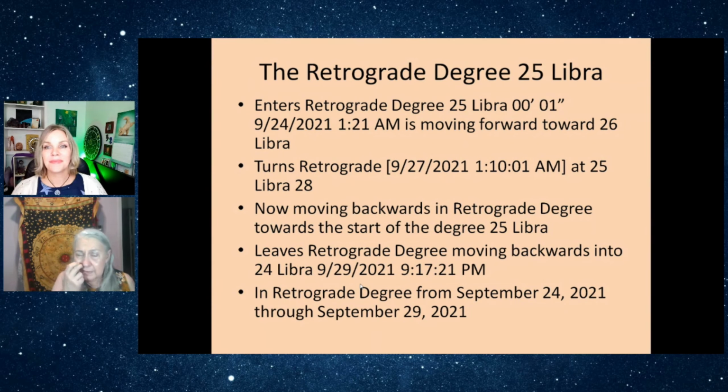So this makes the 25th degree of Libra a strong point of impact. So what that means is that, remember we're looking at the natal chart here, if you have Mercury, if you have some planet that's interacting with 25 of Libra, then Mercury's going to be putting energy into it, and it's going to be affected by Mercury turning retrograde.